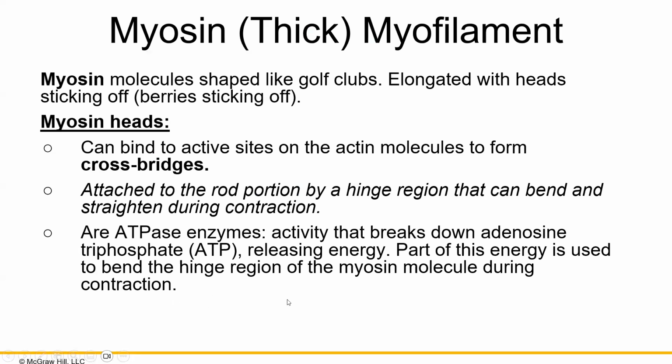We'll talk about the role of ATP in muscle contraction as well. So we have the presence of ATPase, which are enzymes that break down ATP. Remember, cellular energy is in the form of ATP, but how we actually release that energy to be utilized is breaking the bonds between our three phosphate groups of ATP.